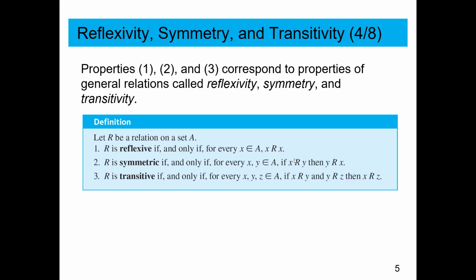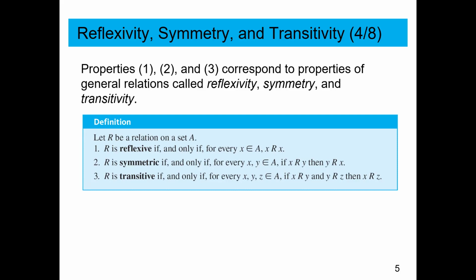So it's reflexive if the relationship is automatically reflected for itself, and it's symmetric if x is related to y, then y is related back. So the first one was the loop one. Reflexive is the loops. Symmetric is the two-way, where if it goes one way, it comes right back.